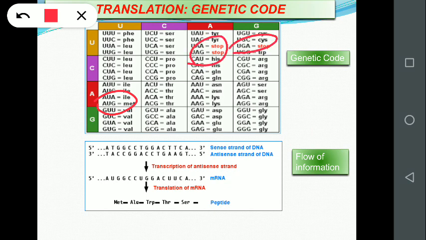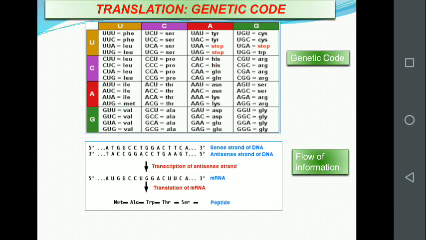So leaving these four codons, all remaining codons code for the remaining amino acids. Out of 64 codons, 3 codons are stop codons and the remaining 61 codons code for 20 different amino acids. In most cases, more than one codon codes for the same amino acid. That is called degeneracy of genetic code.